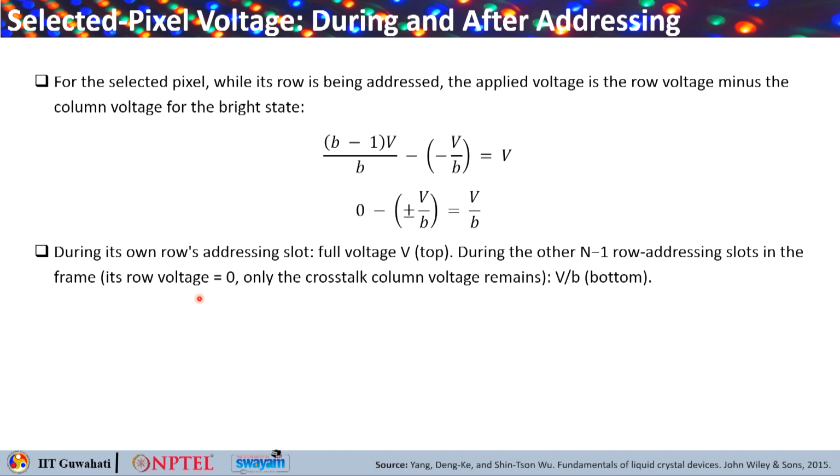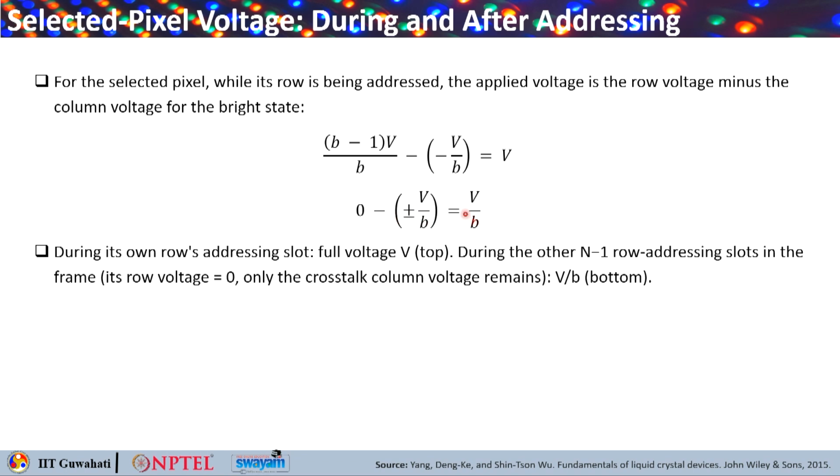Now during every other row's addressing slot, there are n minus 1 of those per frame. What you do there, the pixel's own row voltage is 0 for those non-addressing ones. So the voltage it is going to experience is nothing but the column voltage coming from the actually selected pixel.